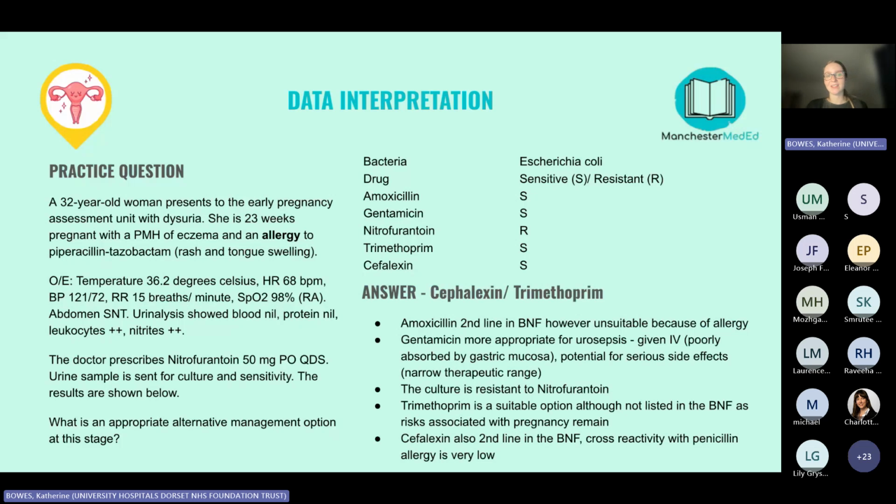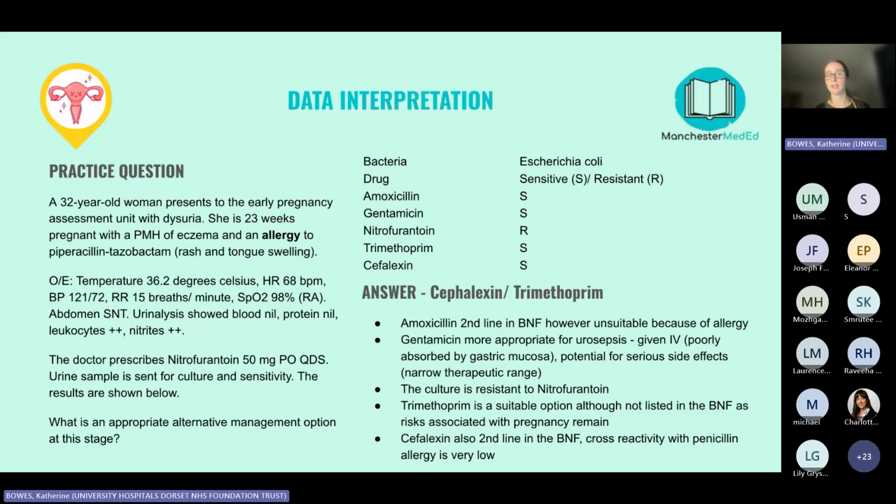Okay, so the answer here, I've put cephalexin or trimethoprim. I think this question is quite reflective of clinical practice, to be honest, and how sometimes it's not all that clear. Amoxicillin would be the second line in the BNF for UTI in pregnancy, but this patient does have an allergy to piperacillin and tazobactam, and that obviously contains a penicillin, so that would not be too appropriate.